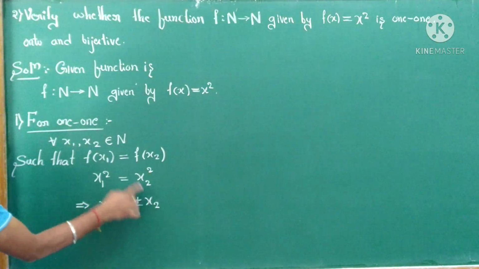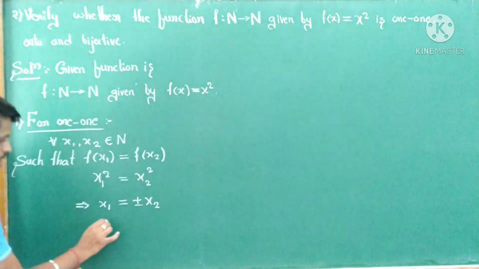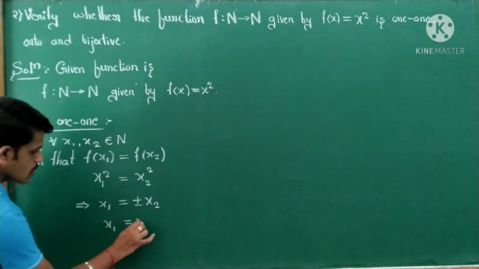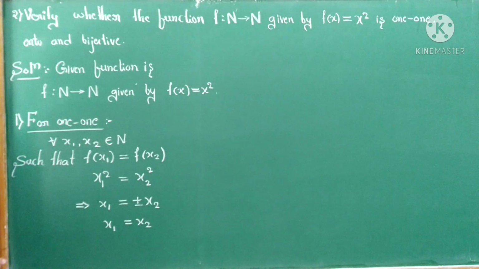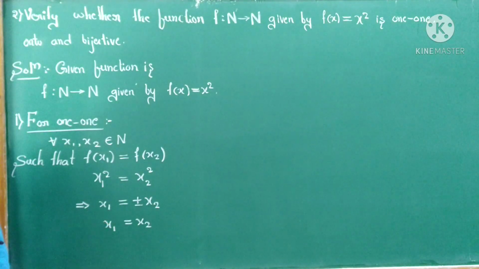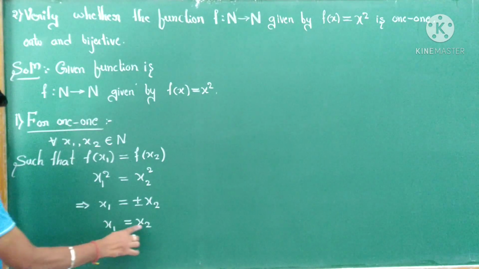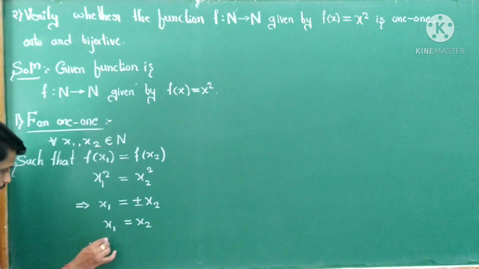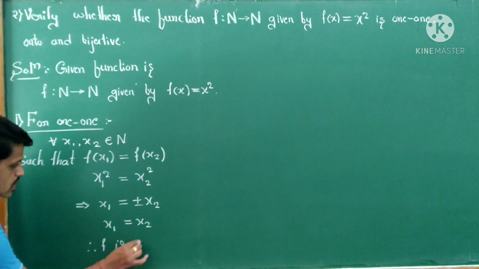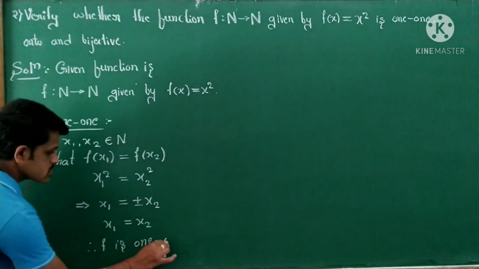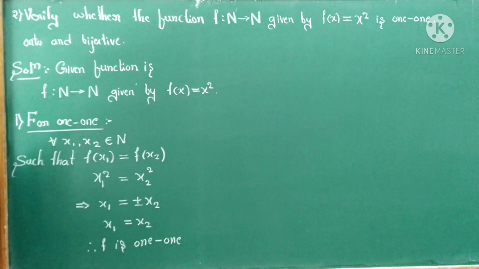Here both x1 and x2 belong to natural numbers. That's why x1 is equal to plus x2 only, not minus, because there are no negative numbers in the natural numbers. Therefore x1 is equal to x2. Whenever x1 is equal to x2, the given function f is one-one. Right?